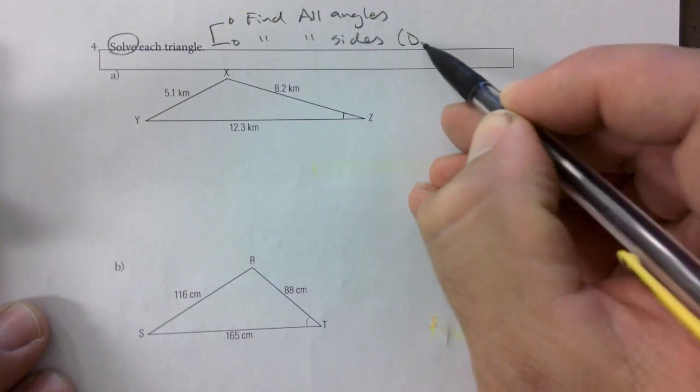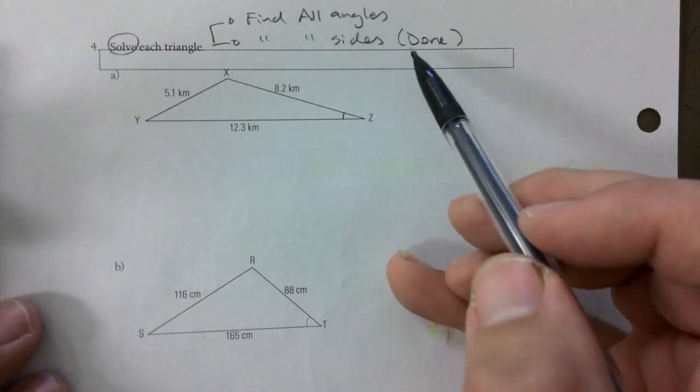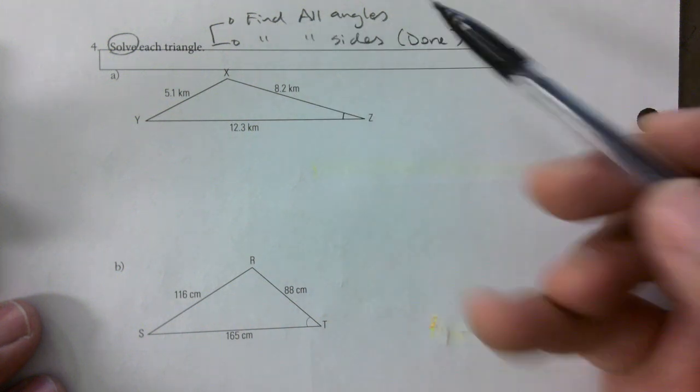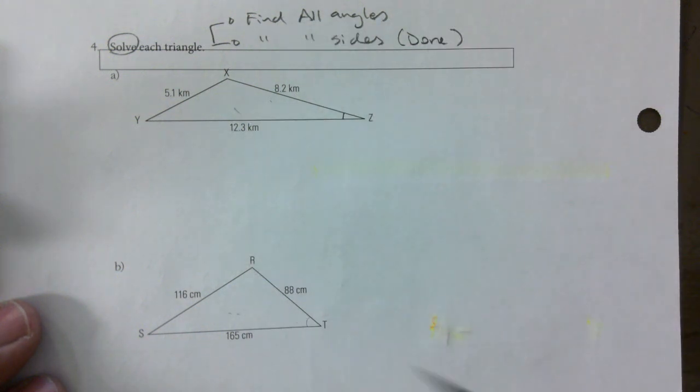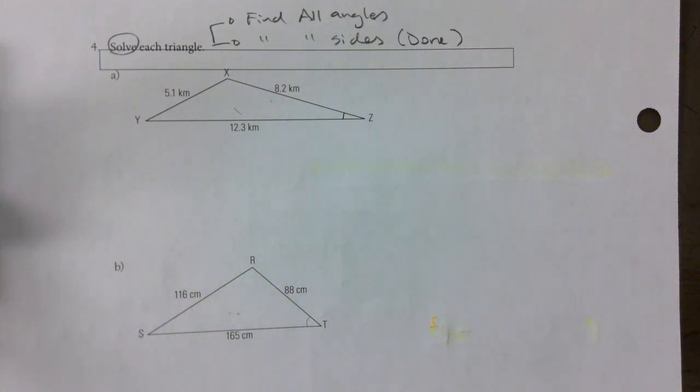This is already done. These examples, you're going to already know all 3 sides anyways. So you have to find all angles for these 2 questions here. Space out your work accordingly, otherwise you're going to run out of space. You kind of have to start somewhere and then move over to the right, whatever you need to do. So those 2 triangles, and then go back and do that question that's above the example we just did.